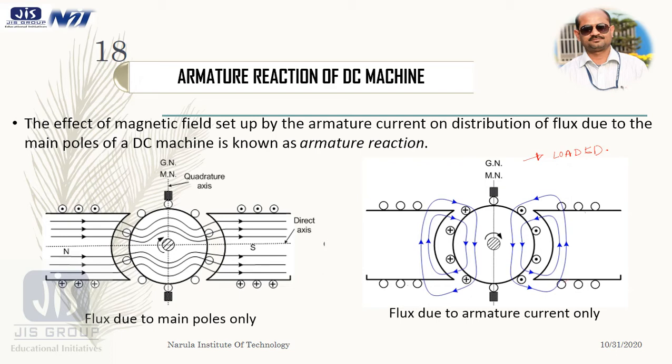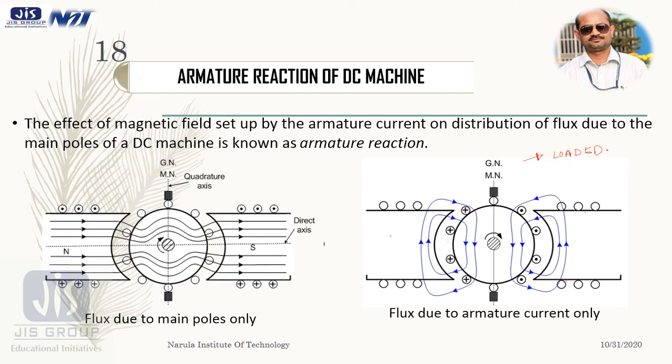Now the conductors lying under the same pole, which is under the north pole, are carrying the same current in the same direction, and these currents are shown by dots under the south pole and by crosses under the north pole.